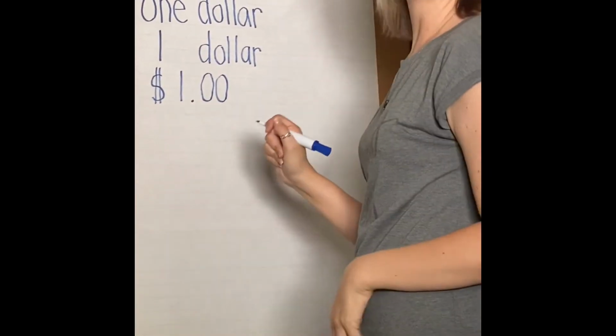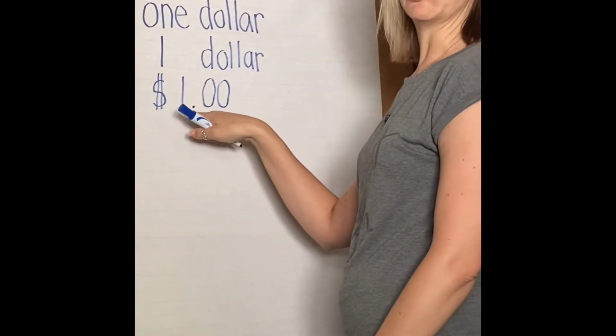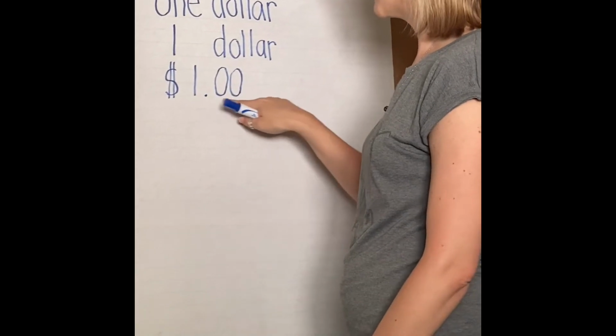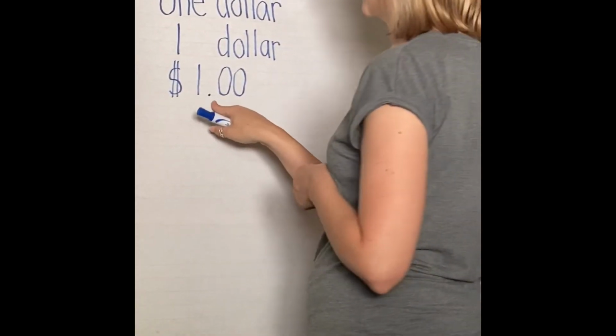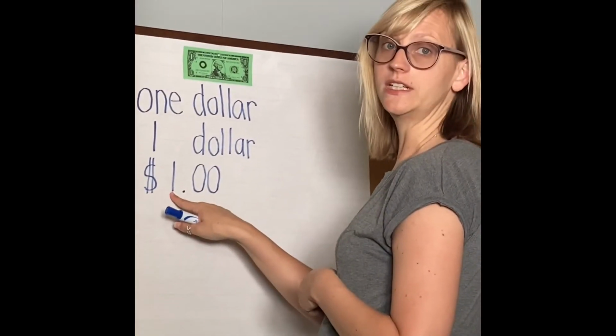There's a lot of different ways that you can write a dollar. Here I have my decimal point. That separates my cents, which are on this side, from my dollars over here.